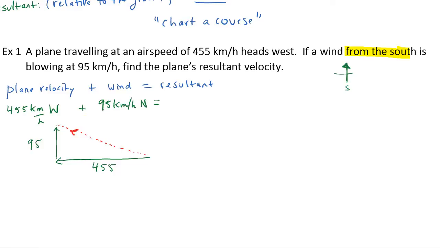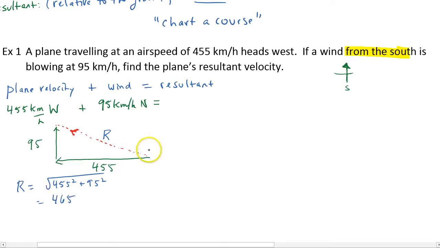Okay, so we want to figure that out. I'll use R for resultant in this case. R is going to be equal to, using Pythagoras, the square root of 455 squared plus 95 squared, and I get a number somewhere around 465. Now I should also figure out the direction.